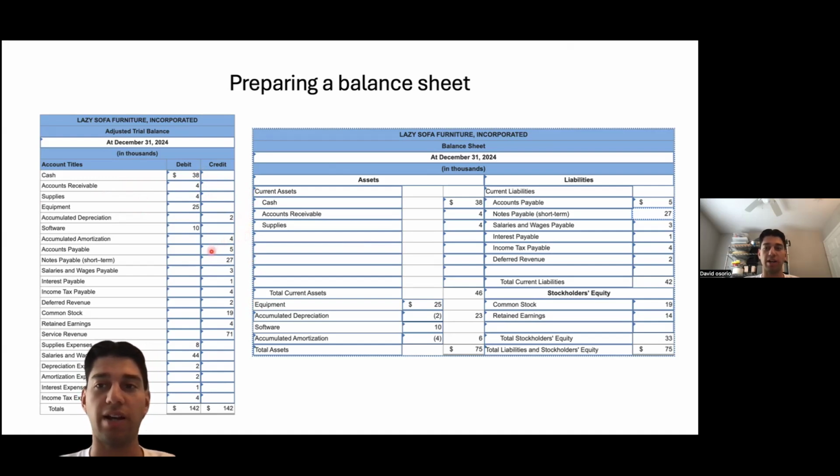We have 5 notes payable, short term 27, and you just transpose every single account that belongs on the balance sheet. You have to make sure that total assets and total liabilities and stockholders' equity are equal, since the accounting equation is assets equals liabilities and stockholders' equity.